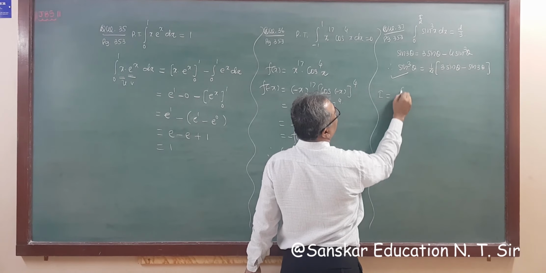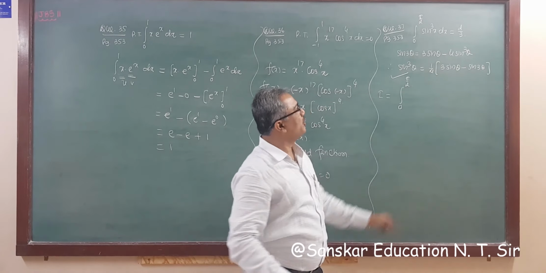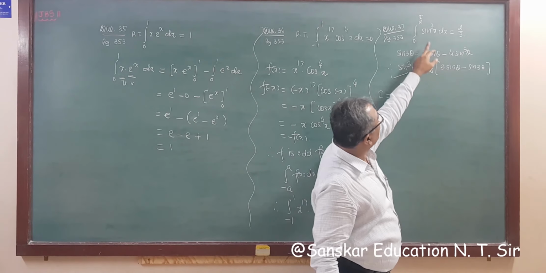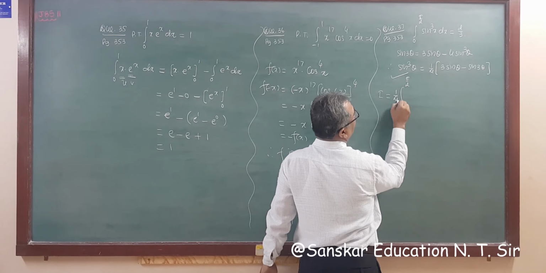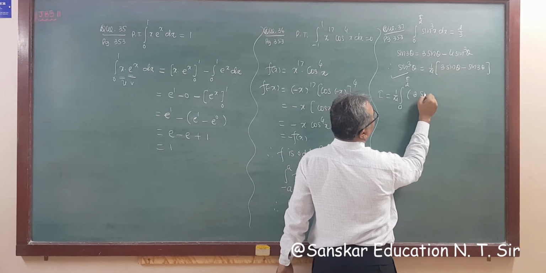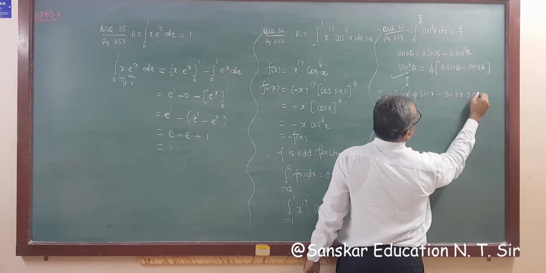So I is equal to the integration from 0 to pi by 2. Now sin cube x is 1 upon 4 times (3 sin x minus sin 3x), so we write 1 upon 4 here, and this is (3 sin x minus sin 3x) dx.